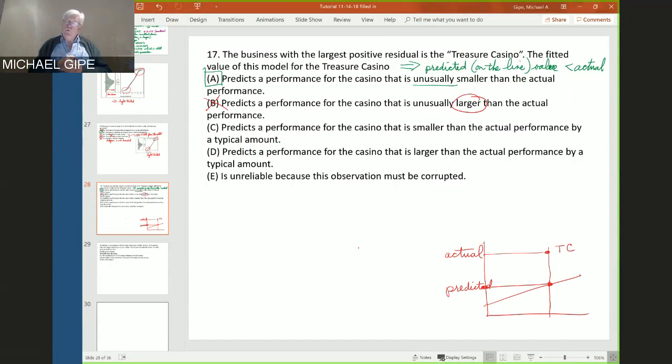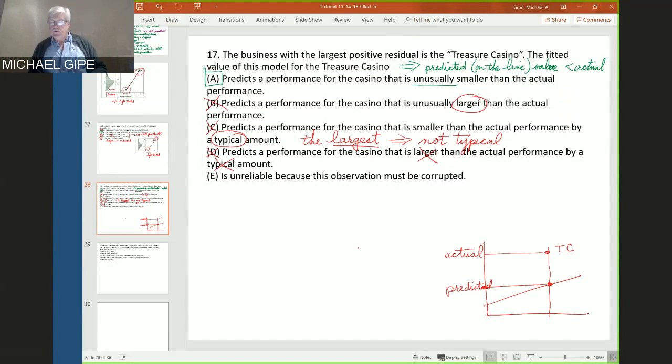How about predicts a performance for the casino that is smaller than the actual performance by a typical amount? No, it's the largest. And I say largest is not typical. How about predicts a performance for the casino that is larger than the actual performance by a typical amount? Well, it's not larger and it's not typical, so that's wrong. How about E?